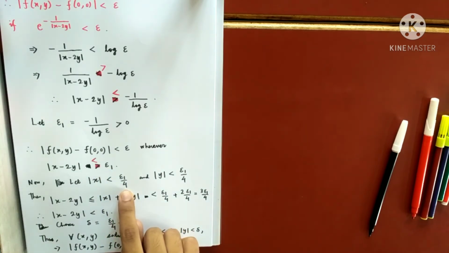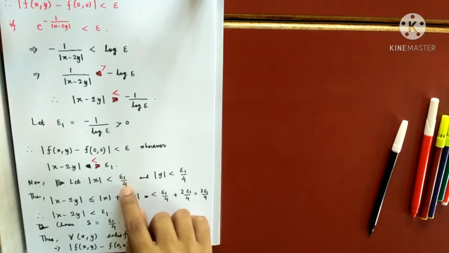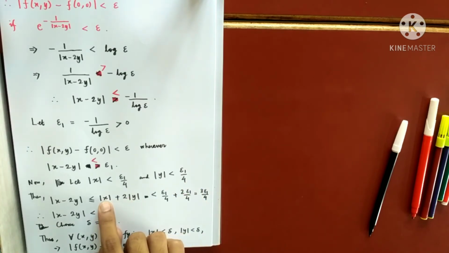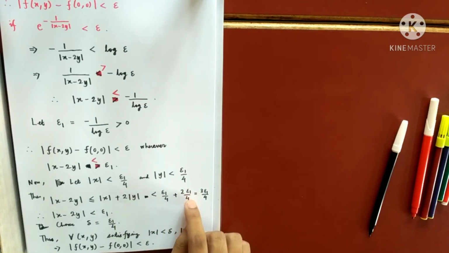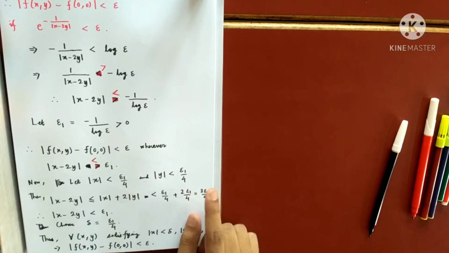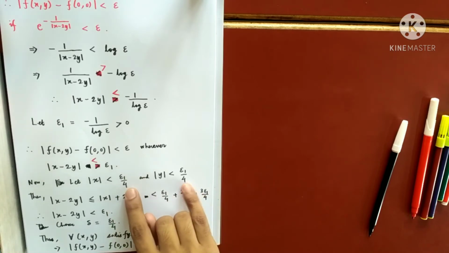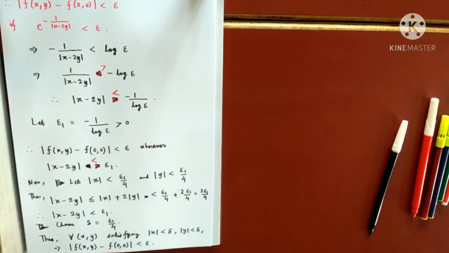And the quantity that I chose is epsilon 1 by 4. If I had chosen epsilon 1 by 2, this may not hold. You see, if I choose epsilon 1 by 2 plus 2 times epsilon 1 by 2, this will become 3 epsilon 1 by 2, which is not less than epsilon 1. This is the reason I went for 4. Okay, now this is true when epsilon is less than 1.